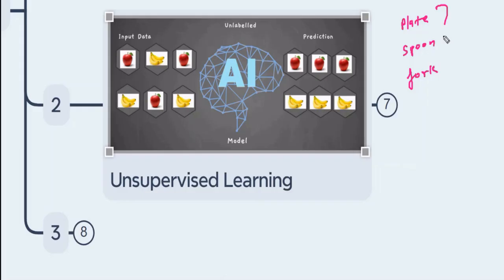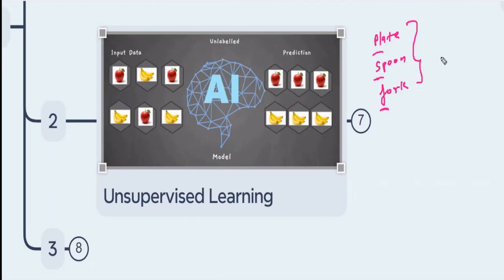How many clusters do you think it will create, if I'm passing three different kinds of data? How many clusters can it create? It will actually create only two clusters.